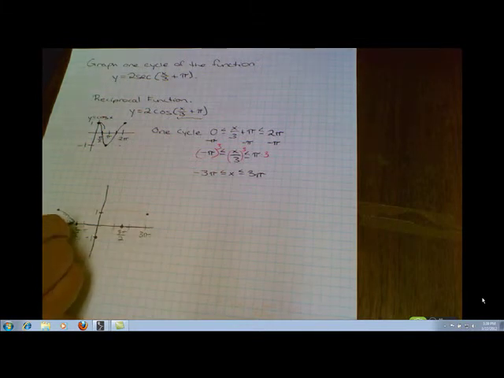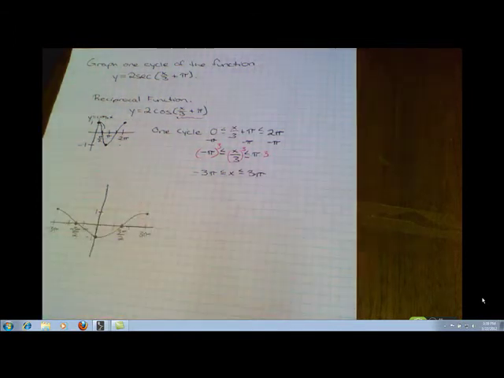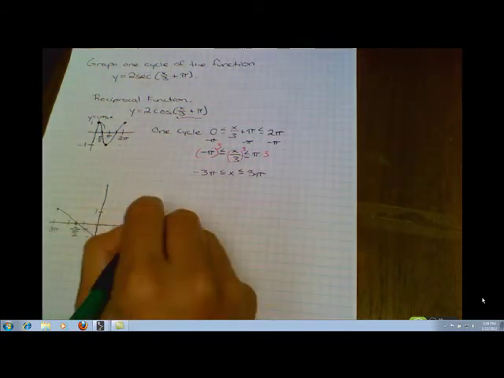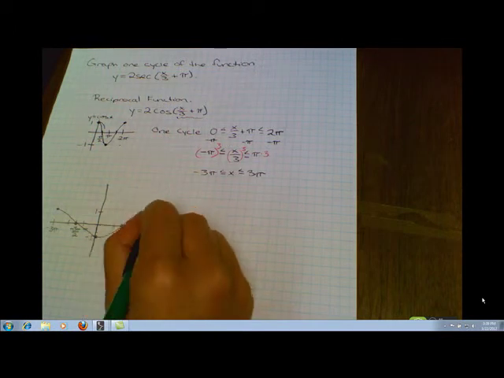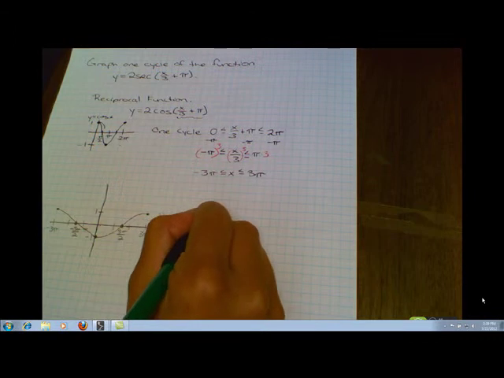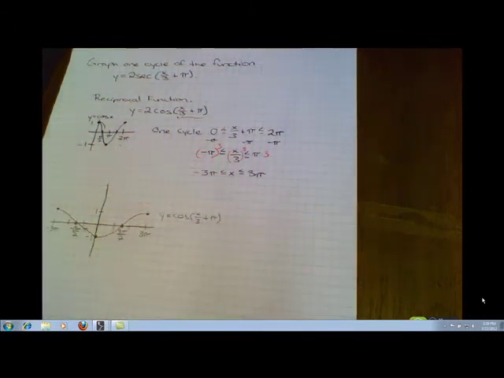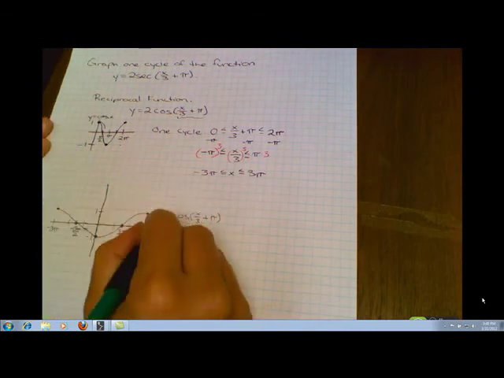And halfway between 0 and 3 pi, so that'd be at 3 pi over 2, you get another x-intercept. So now the graph looks something like this. So we've accounted for just the horizontal changes. This is the graph of cosine of x over 3 plus pi.